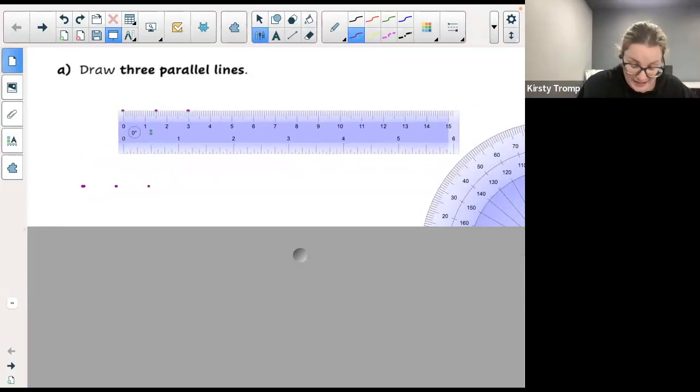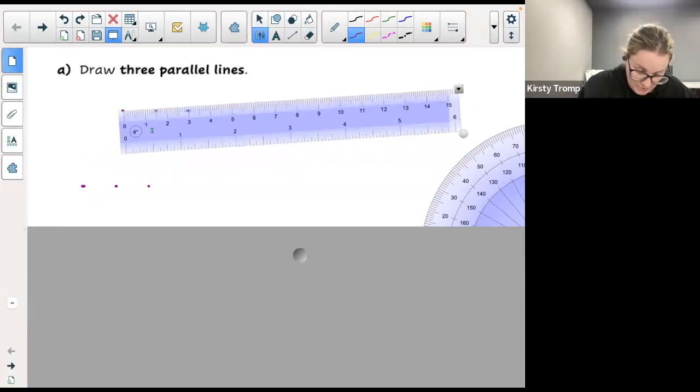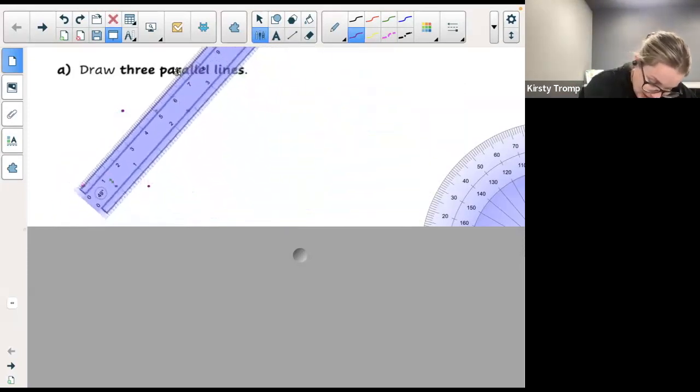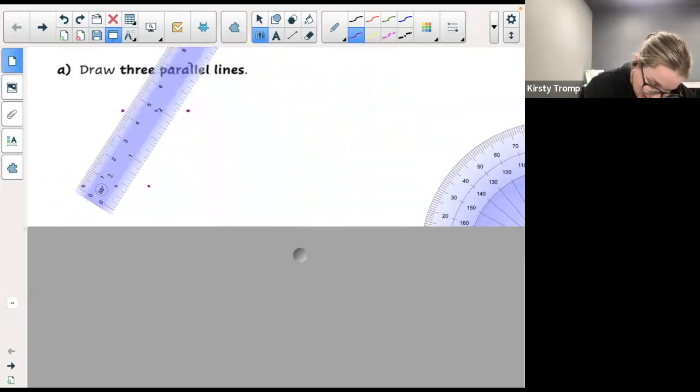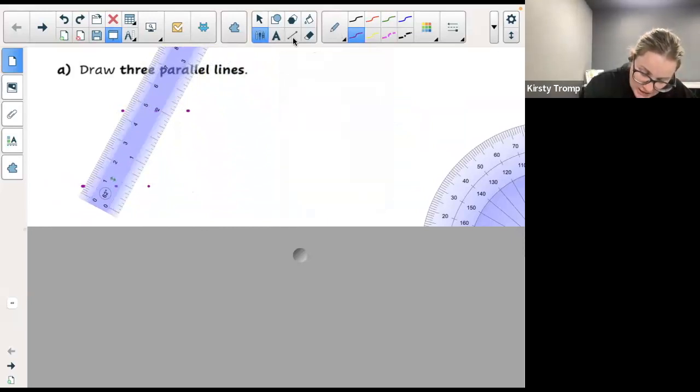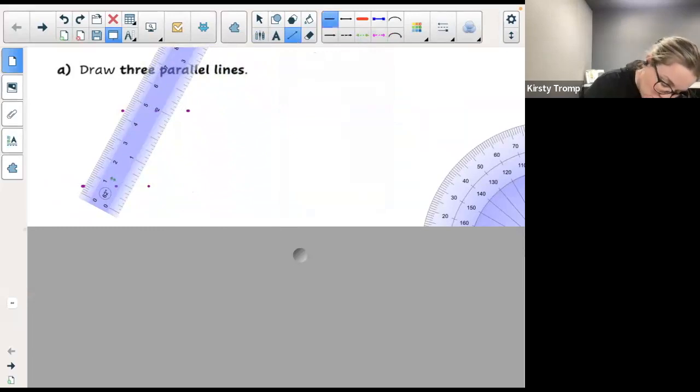Once I've done that, I'm going to take my ruler back. I'm going to put it on my first mark and match it up to my second mark, and I'm going to draw my line. All right.